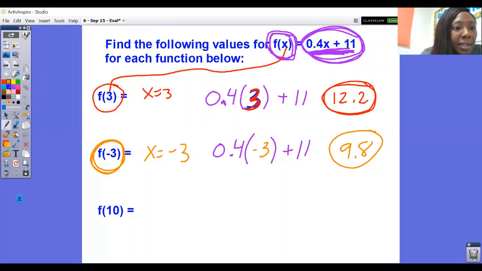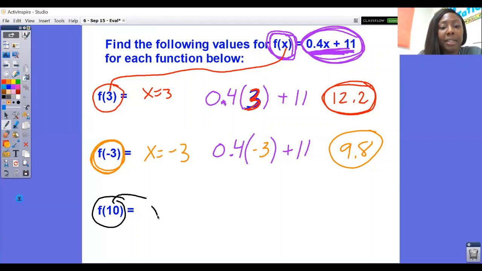And then let's do the last one here, which is f parentheses 10. What that means is that, remember, inside of the parentheses is where the x is located, but they changed it to a 10. So that just means x equals 10.